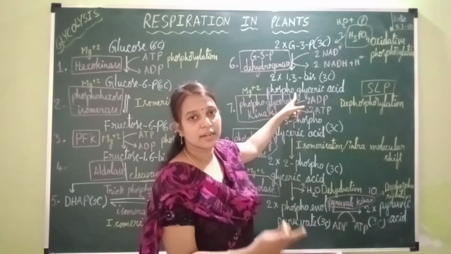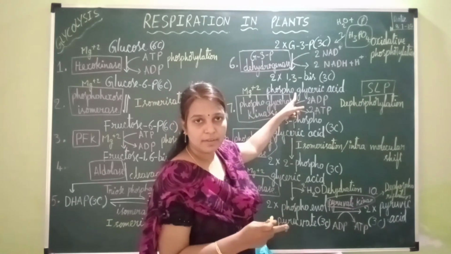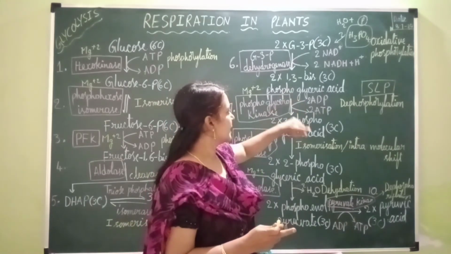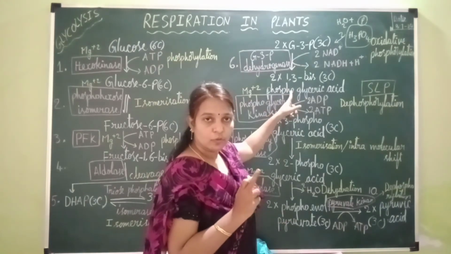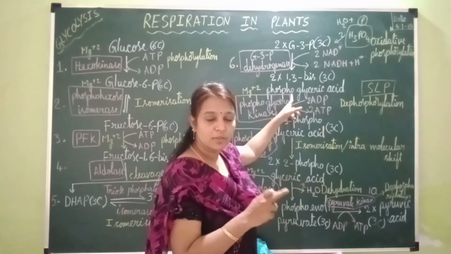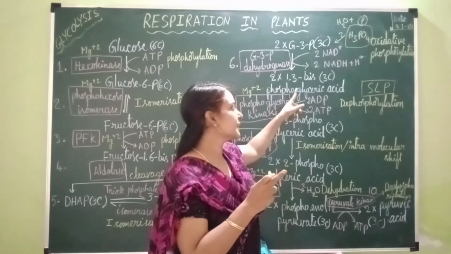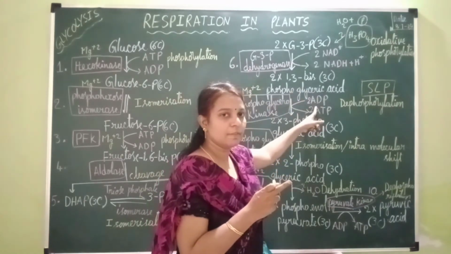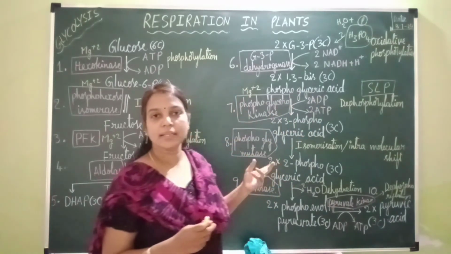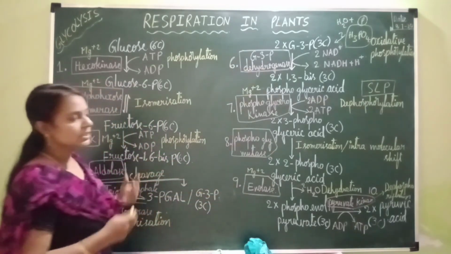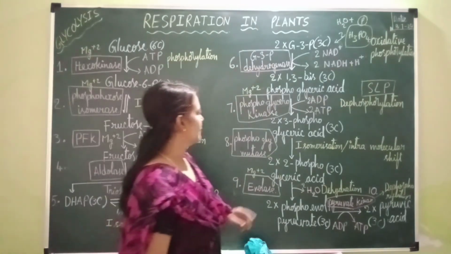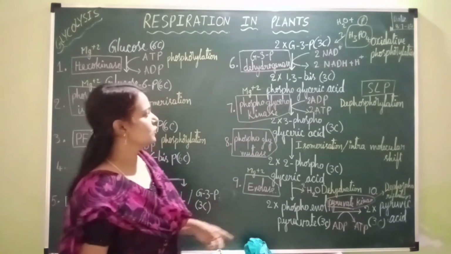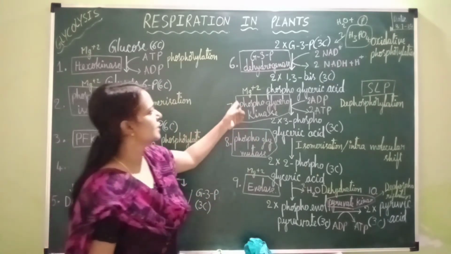That is called substrate level phosphorylation, which is nothing but direct formation of ATP. This is catalyzed by an enzyme phosphoglycerokinase, and again it is activated by magnesium.